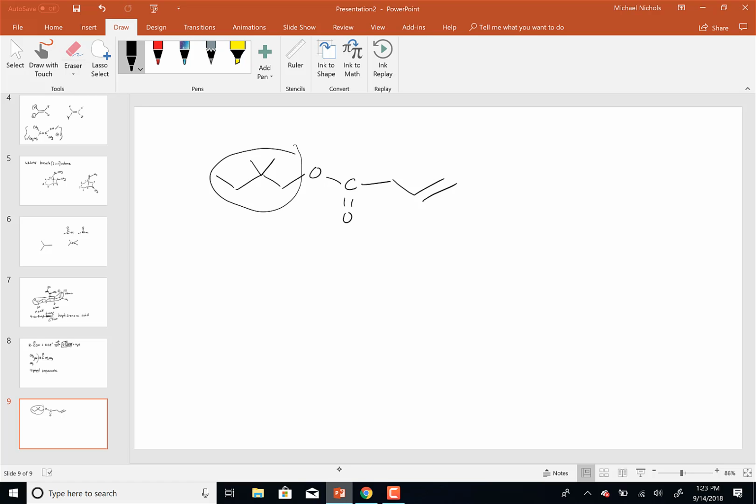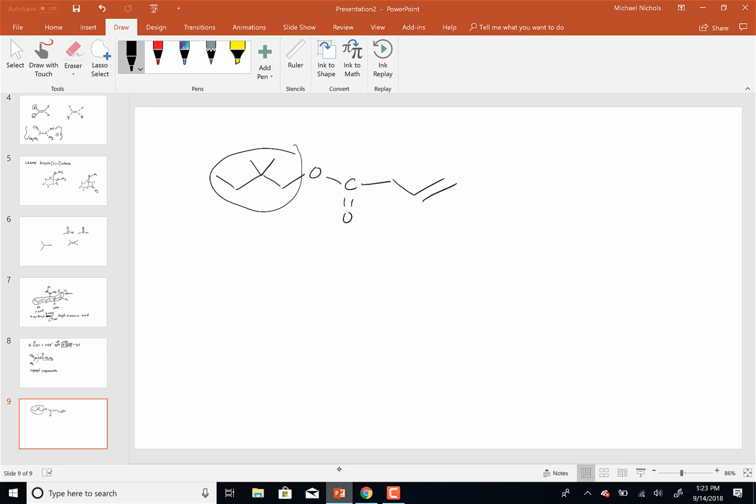So what's step 1? That's step number 2. Step number 1, before we go for the longest chain, is what? I'm looking at an alkyl group. So what's the number 1 carbon? Not where the double bond is; the double bond's way over there. I'm on the alkyl group that's circled.